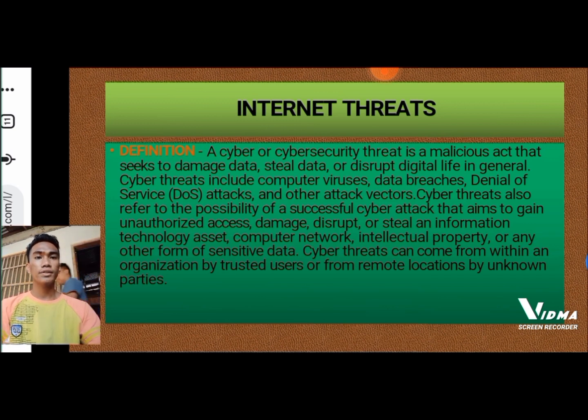Cyber threats also refer to the possibility of a successful cyber attack that aims to gain unauthorized access, damage, disrupt, or steal an information technology asset, computer network, intellectual property, or any other form of sensitive data. Cyber threats can come from within an organization by trusted users or from remote locations by unknown parties.